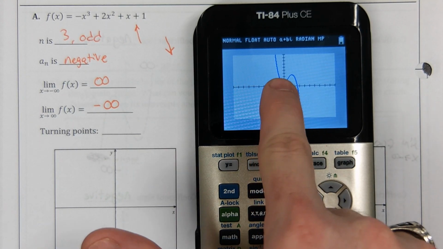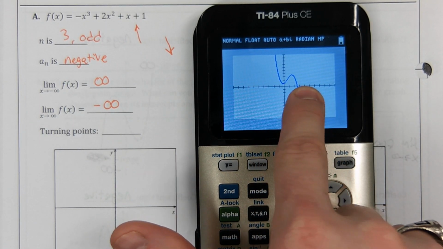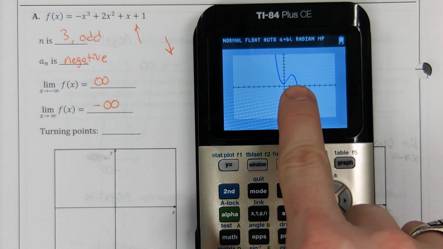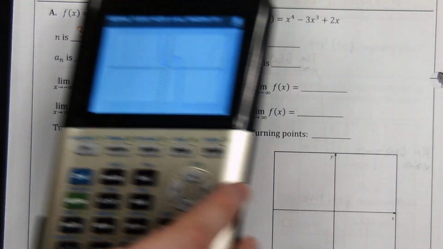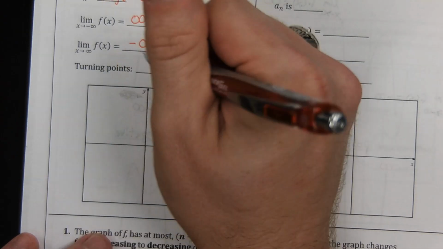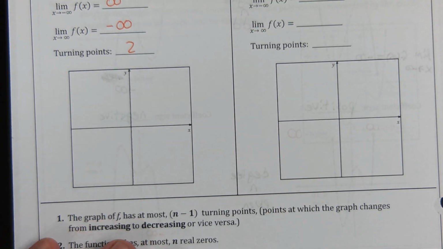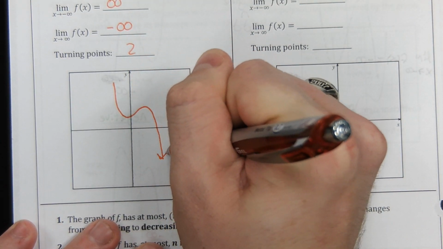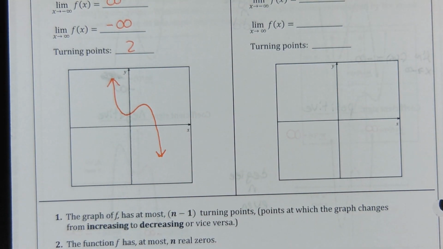So it has 2 complex and 1 real. Technically, that's 3 complex zeros, but 2 of them are non-real complex. 1 of them is a real complex. Anyway, it does have 2 turning points, and this picture looked something like this. Good enough.